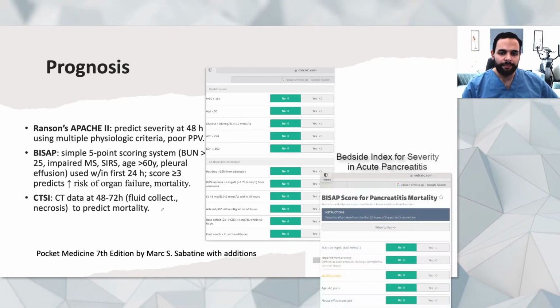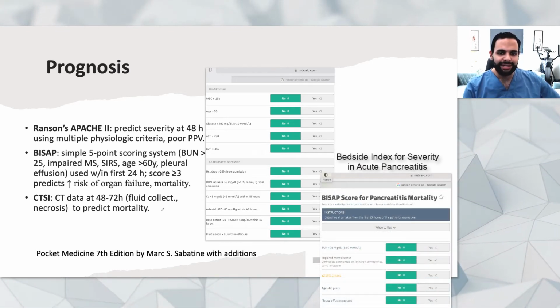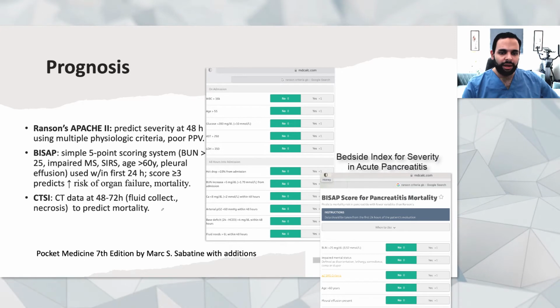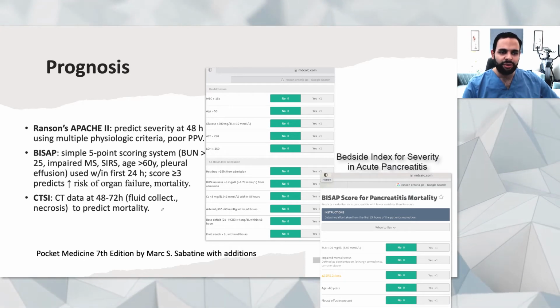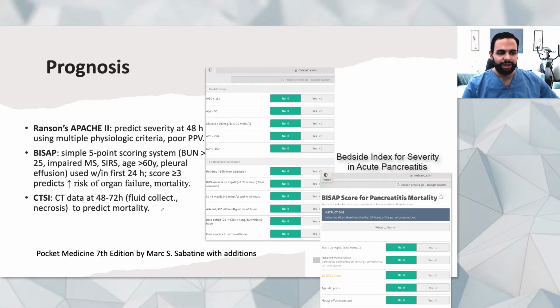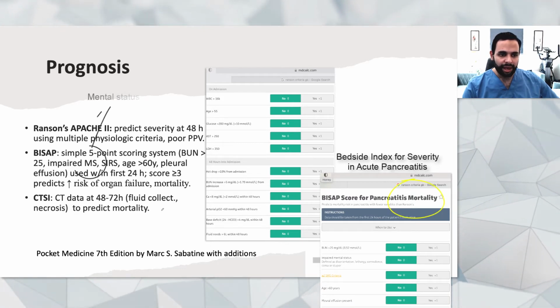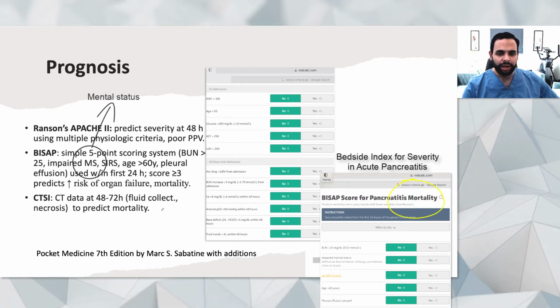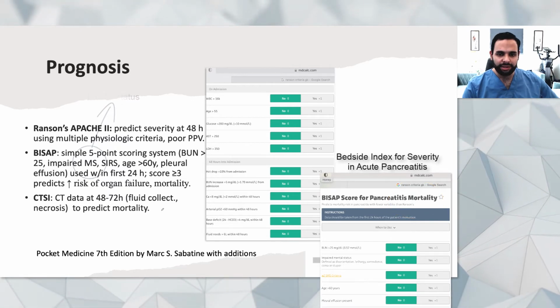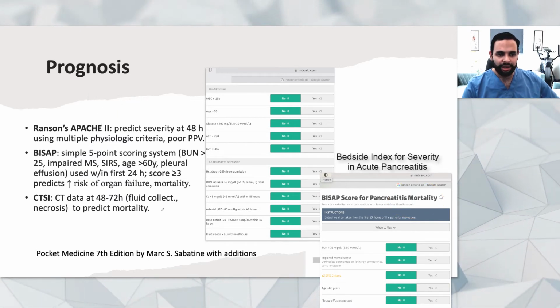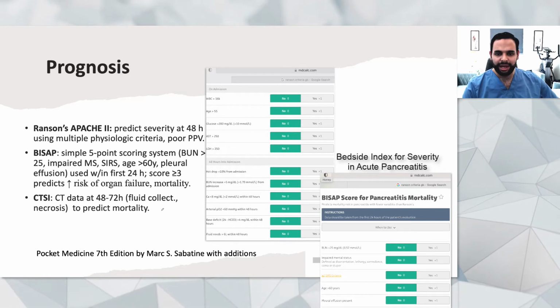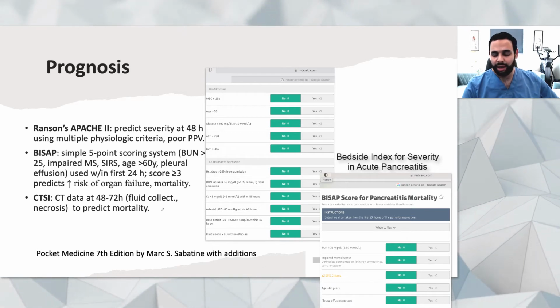So you also have the BISAP score, which is a very simple 5-point scoring system. If you have blood urea nitrogen above 25, impaired mental status, or systemic inflammatory response syndrome, then you get a point. So you look at the patient's mental status, the Glasgow Coma score.